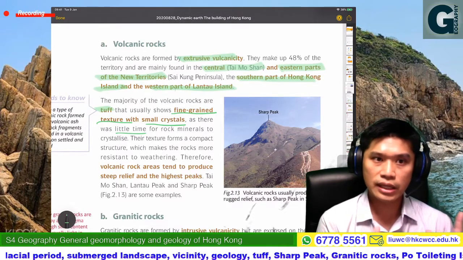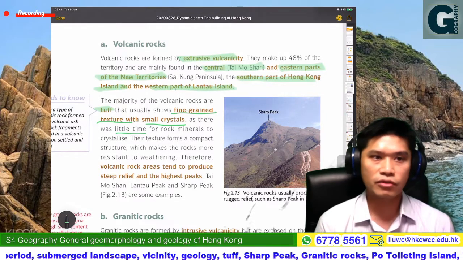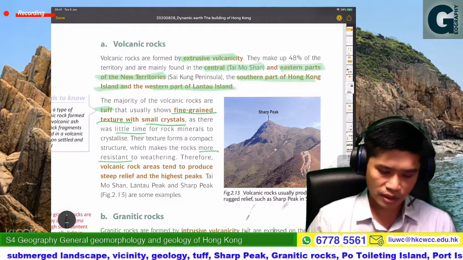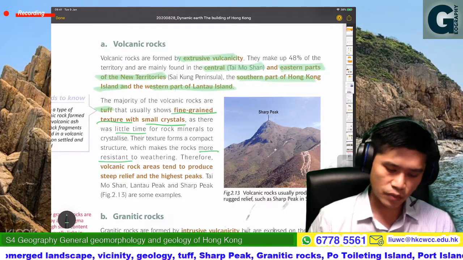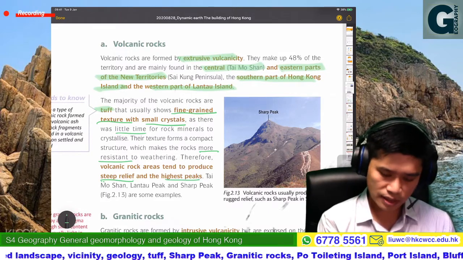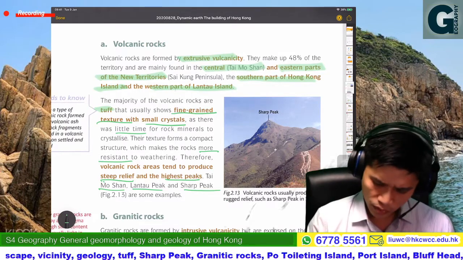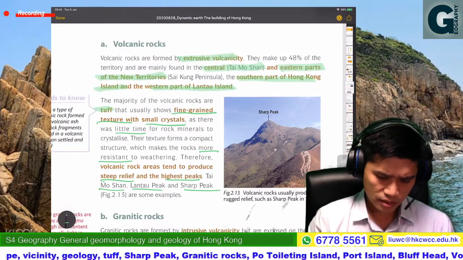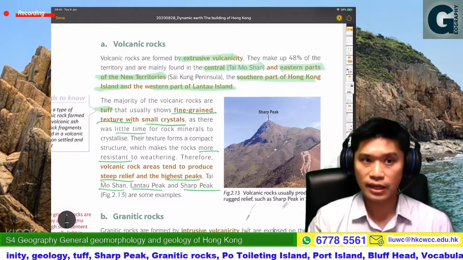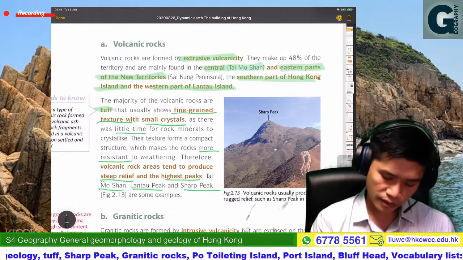Okay, so their texture formed a compact structure, which make the rock more resistant, just now I said more resistant to weathering. Therefore, volcanic rock tend to produce steep relief and the highest peaks, like Tai Mo Shan, Lantau Peak, and Sharp Peak. Sharp Peak, if I remember correctly in Chinese, it should be 藍蛇尖. Okay, so therefore that will be the case of volcanic rocks.